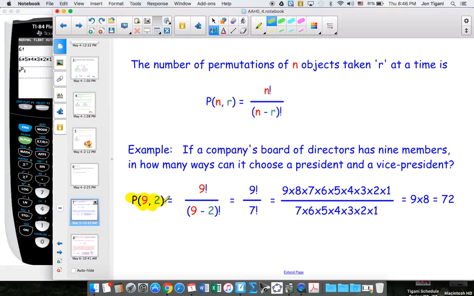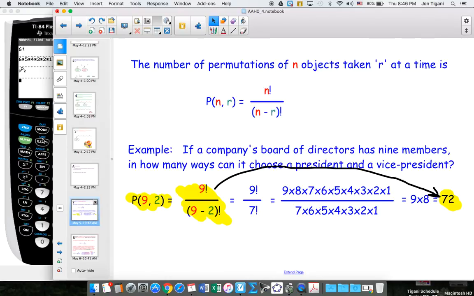First, decide that it's a permutation, and then we want you to actually plug in the numbers into the formula for permutation. Once you get here, then you can bypass all of that other stuff and get to your answer. This is a perfectly acceptable way to compute these combinations and permutations.